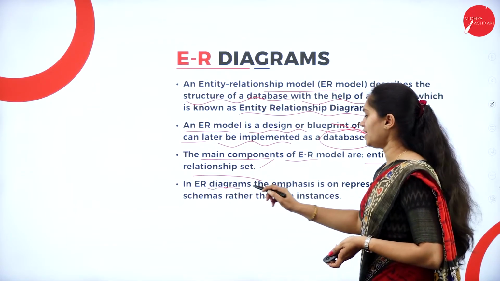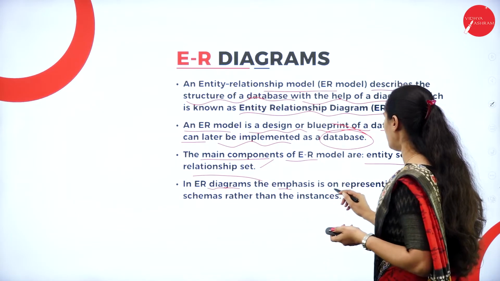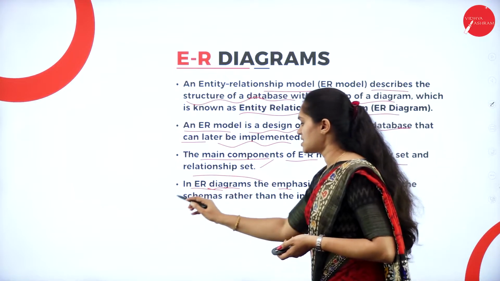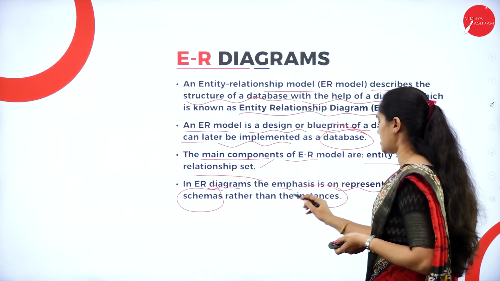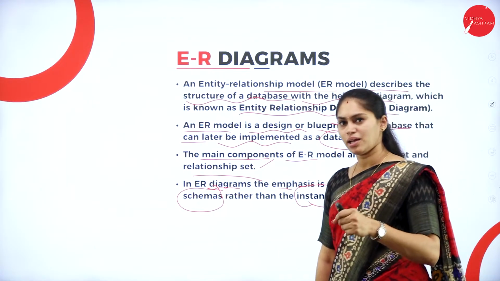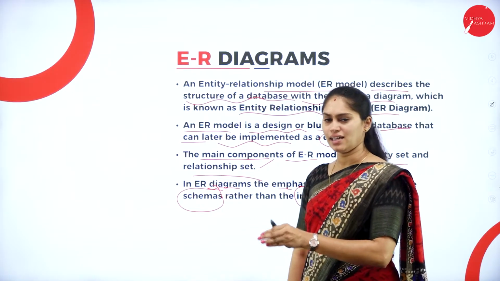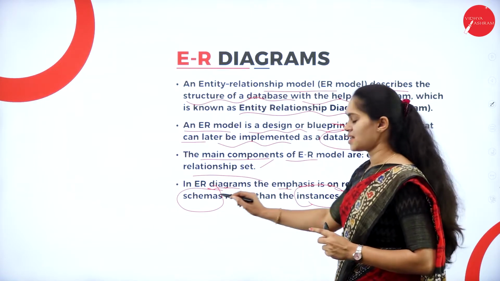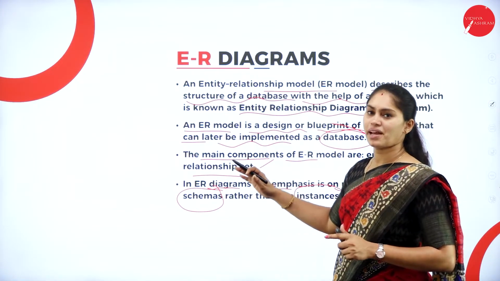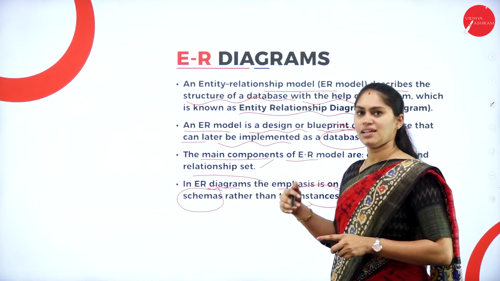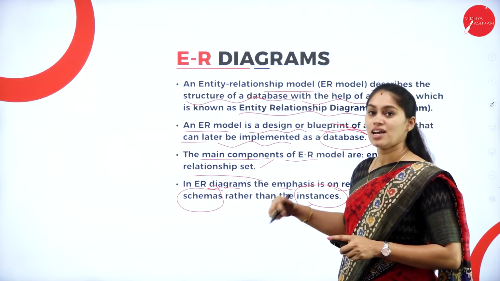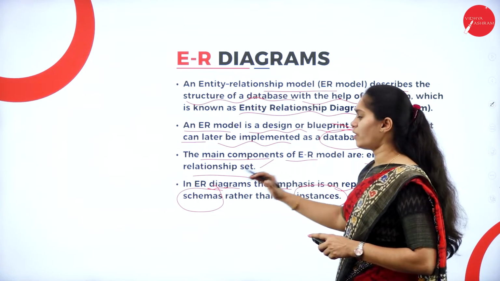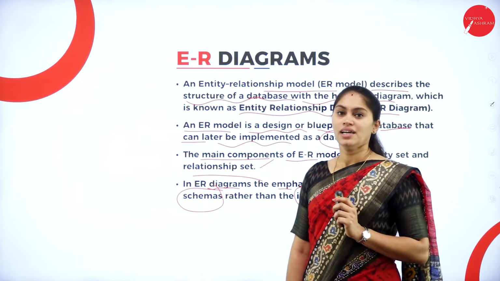Also, ER diagrams emphasize representing the schemas rather than the instances. So we are not bothered about the instances of a particular entity. Instead, we are just focusing on its schema, which comprises all the entities. Within the entity we have instances, but we are not bothered about them when we represent that in the ER diagram.